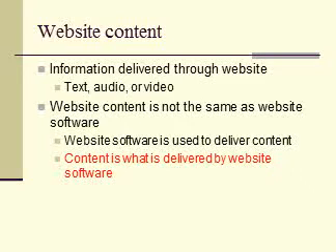Website software causes the web server to perform certain functions, whereas website content is static information with no power to cause the web server to perform any function. Website software acts upon the content, while content is what is acted upon by the website software.